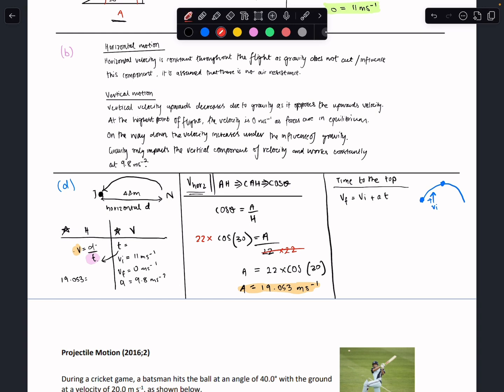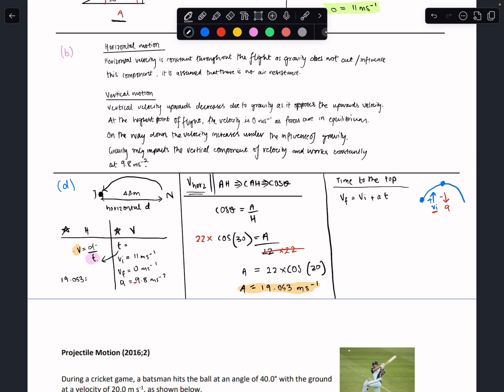VF is 0, so we can't draw a vector for that. But acceleration is also a vector, and it's acting downwards. In reference to VI, it's opposing its direction. So I will have to make gravity, aka acceleration due to gravity, a negative value. So in my equation, I will have to make sure my acceleration value is negative 9.8.